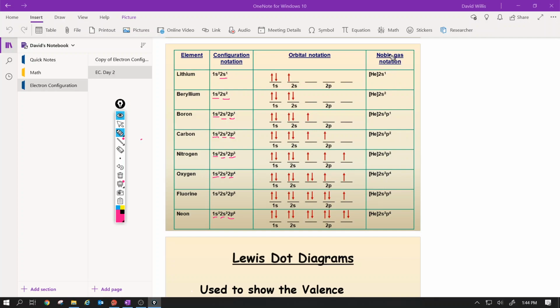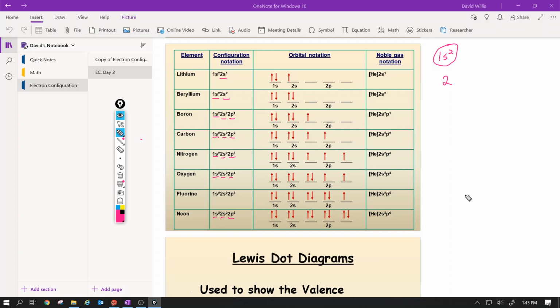And here's our noble gas notation as we saw earlier. All of these are in energy level 2, which means that we're going to start with our noble gas from the first one, which is helium. Although, really, by writing helium, all you're saving is this. So I don't usually do that for helium. You can, though.